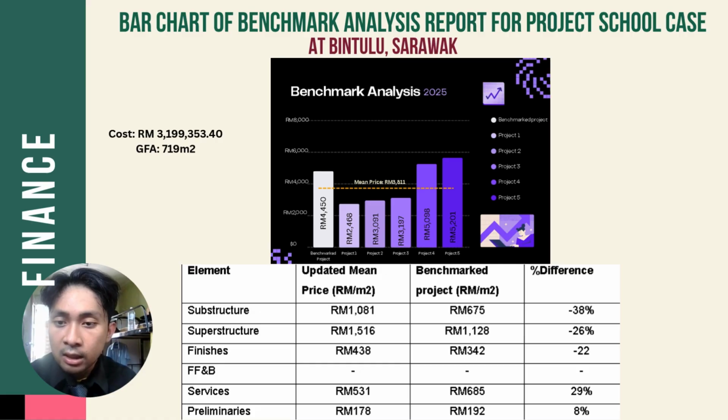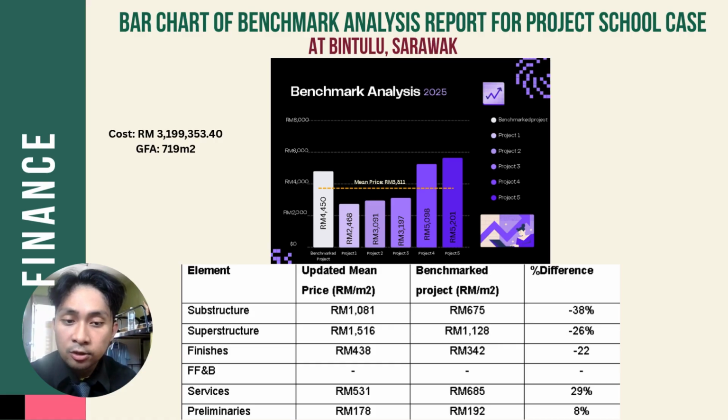For the difference, how we get it is the benchmark project minus the updated mean, divided by the updated mean, and times 100. That is the formula to calculate the difference between the updated mean price and the benchmark project. From all these elements, substructure has the highest difference, which is 38%.